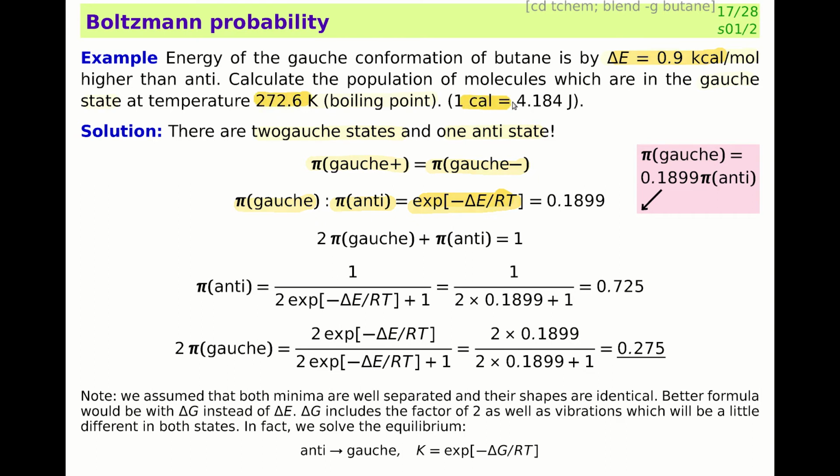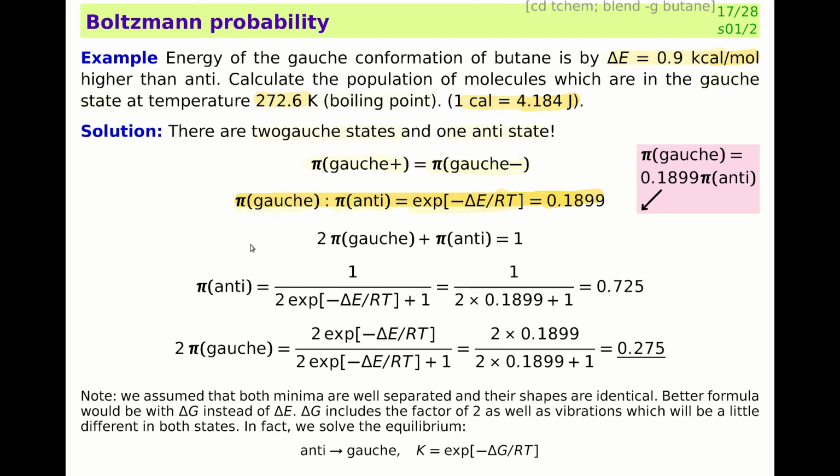You must convert units, and do not forget that there are kilocalories here, and one calorie is here, and you will get that this ratio is approximately 0.19. So this is one equation, the ratio of both states.